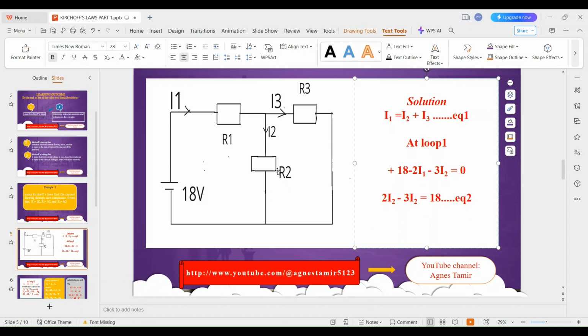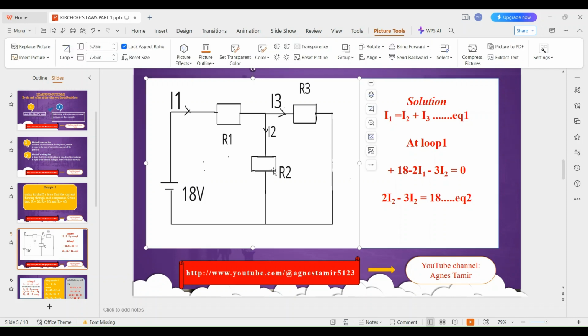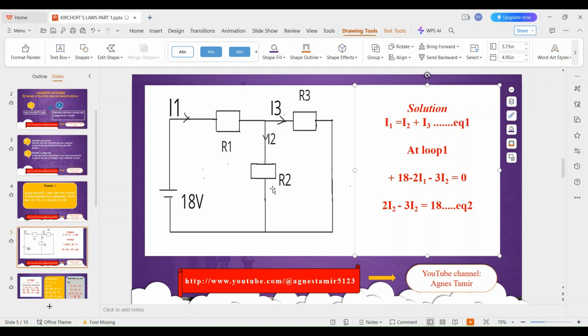Let's look at loop 2. This is our loop 2. We are also moving in the clockwise direction from R2 all the way to R3. Remember we said that this is positive, negative. Now we are moving from negative to positive, then positive to negative. So for this case, moving from negative to positive, we shall have a voltage rise, that is 3 I2.